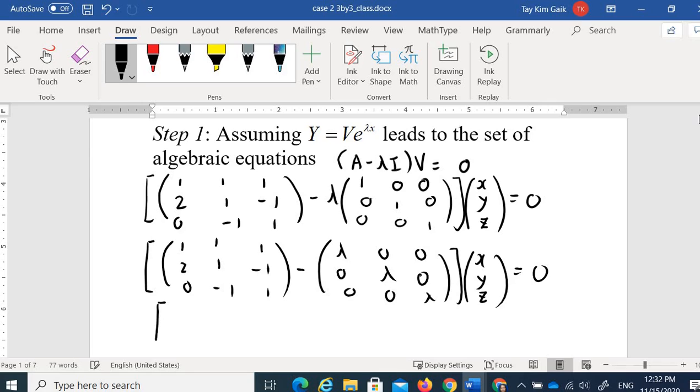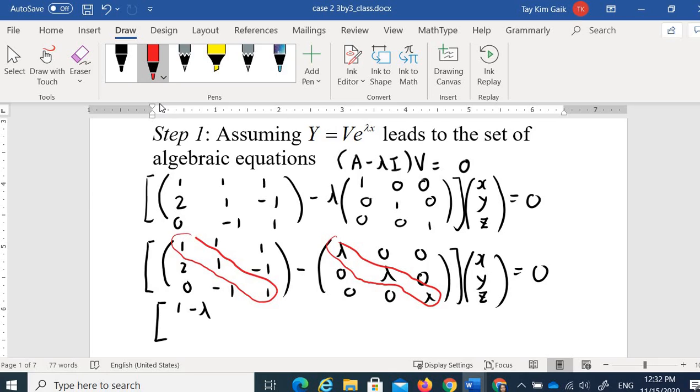Now you can subtract two 3 by 3 matrices. You notice it's only taking effect at the main diagonal because the identity matrix only has values at the diagonal. That's why you have this one still 1, 1, 2. The main diagonal here, 1 minus lambda, is negative 1, so 0, negative 1, 1 minus lambda.